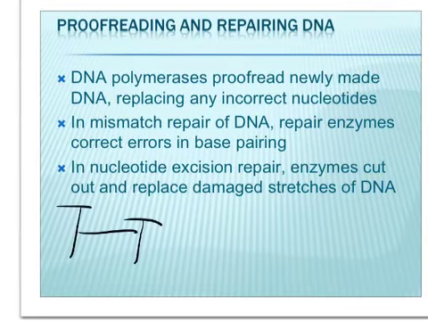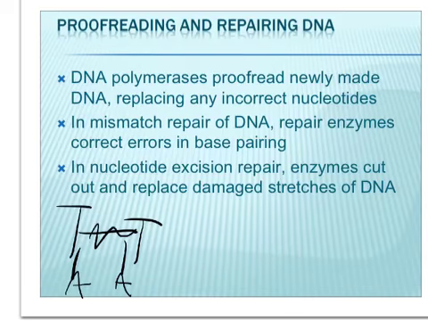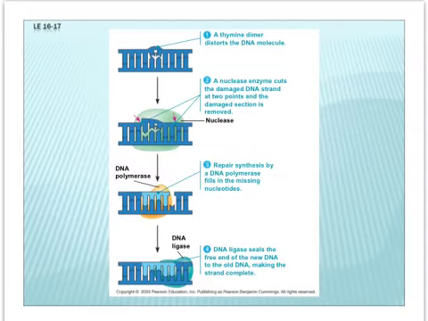So DNA polymerase can come in and break that bond and get them back to where they originally should be. And here you can see that thymine dimer being fixed by DNA polymerase. Once again, it allows it to read, backtrack, proofread, and fix types of mistakes that there may be.